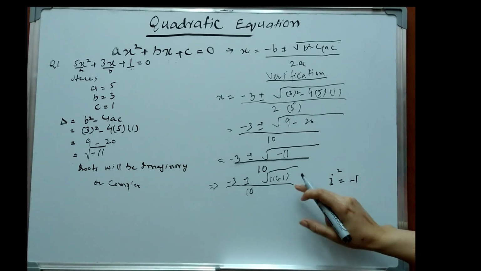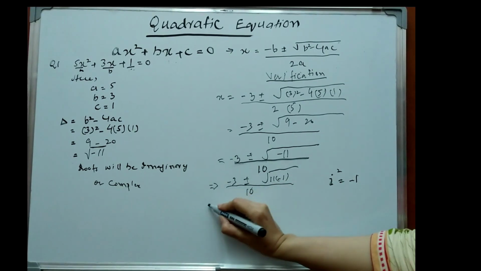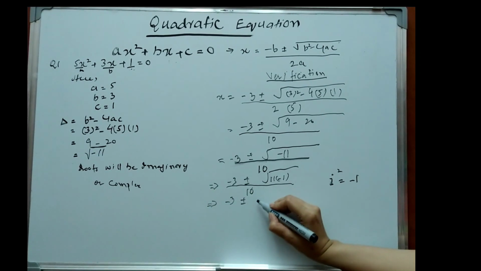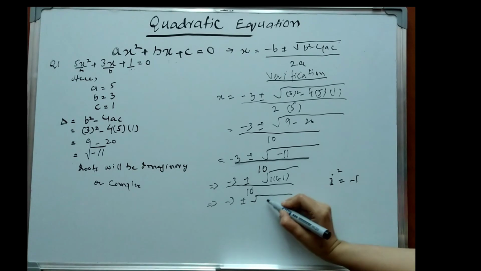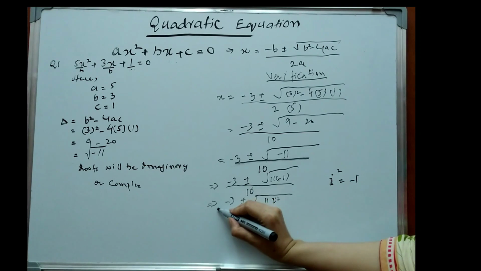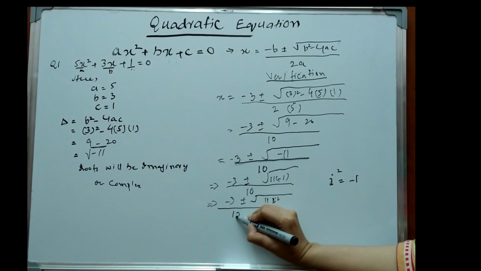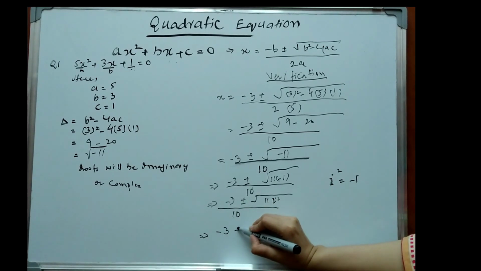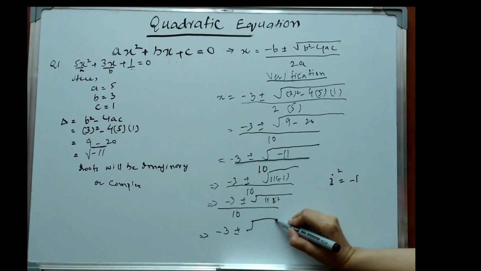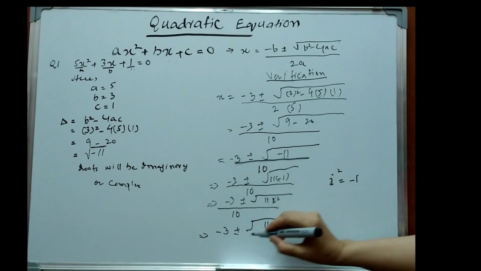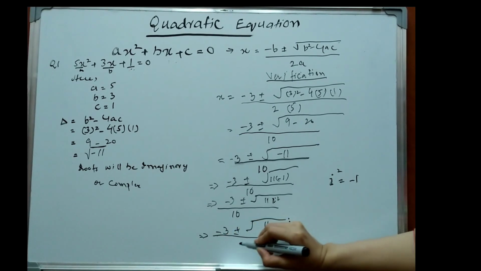Putting the value of minus 1 as iota square, this equals minus 3 plus minus root of 11 iota square upon 10. Iota square is a perfect square, so it comes out of the root, giving minus 3 plus minus root of 11 iota upon 10.